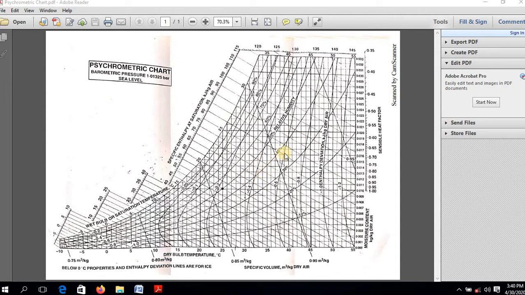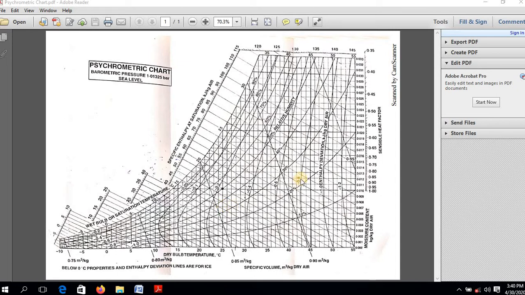You can find phi is around 38 percent. From this same point you can find the dew point temperature, TDP, here is 19. From the same point on the right side you can find W, which is equal to 0.014. From the same point you can also find the value of V, which is around 0.895. Likewise you can find various values with the help of the psychrometric chart.